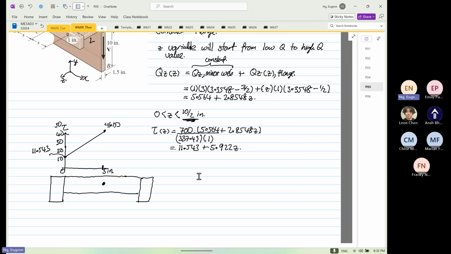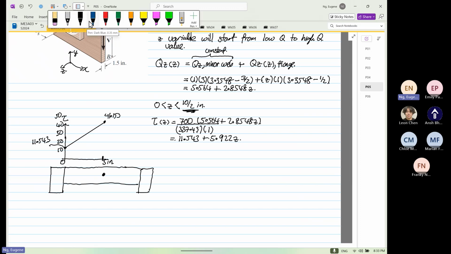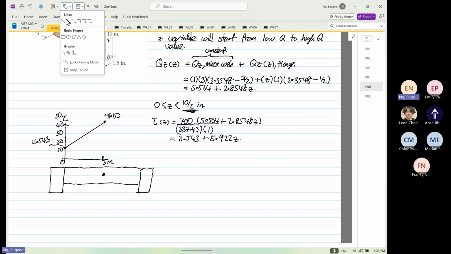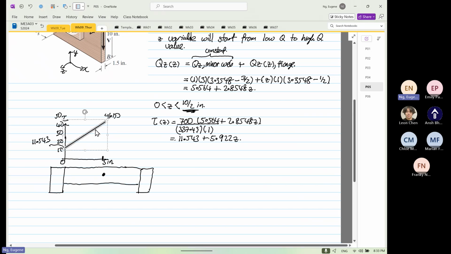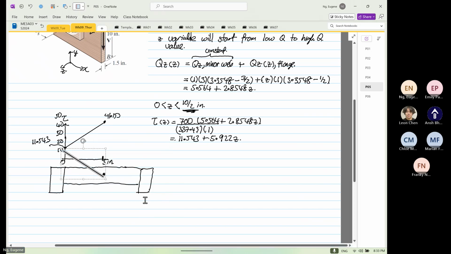So now that's why the limit. So on the other side, how does it look? If I'm going to sketch on the right hand side, it will look exactly the same. What I'll do is I'm going to copy, Control C, V, and I'm going to rotate. It's going to look the other direction. Okay, so this is how the shear force will distribute.